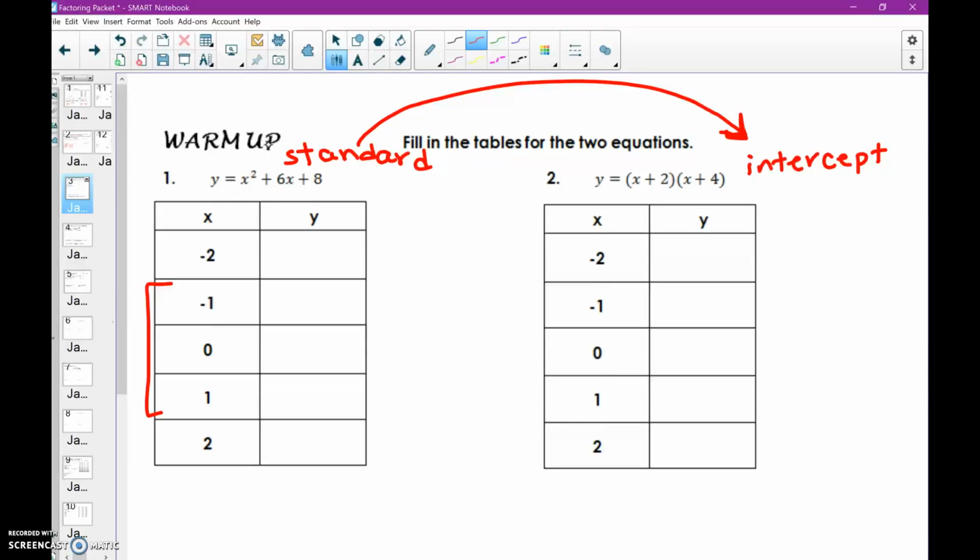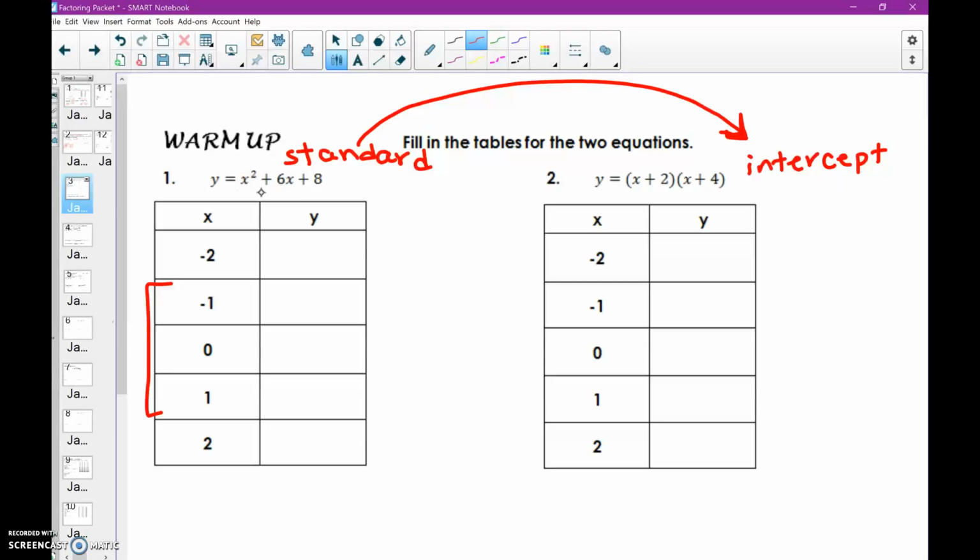Now, what should be true is that it's the same for both groups, because remember we talked about standard and intercept form. You can kind of think like water. Water is H2O, whether it's steam or ice or liquid, whatever form of matter it's in, it's still going to be called H2O because that's always its form that it takes.